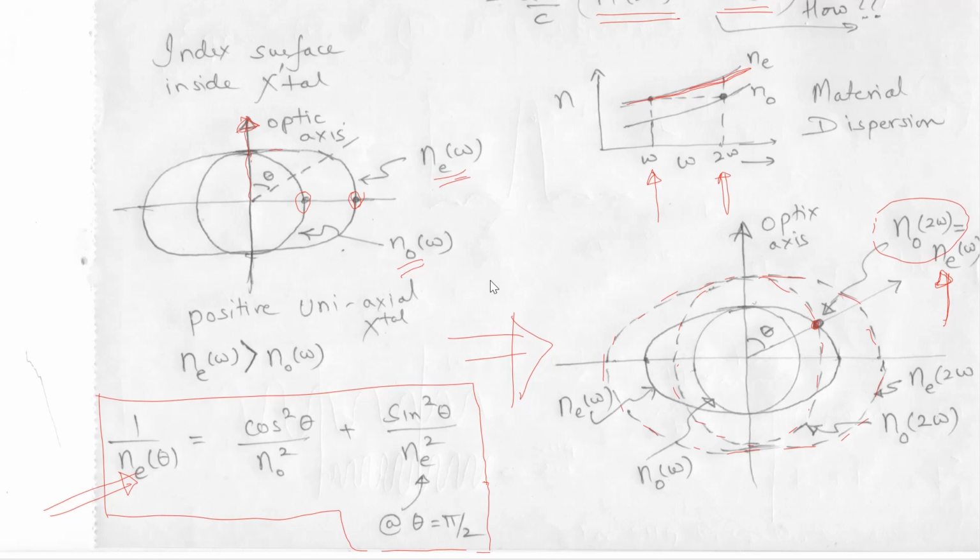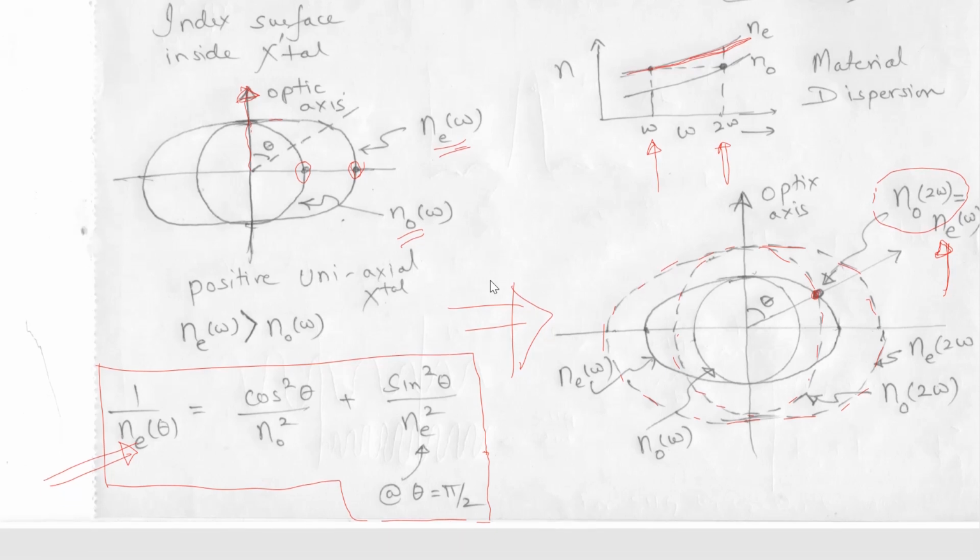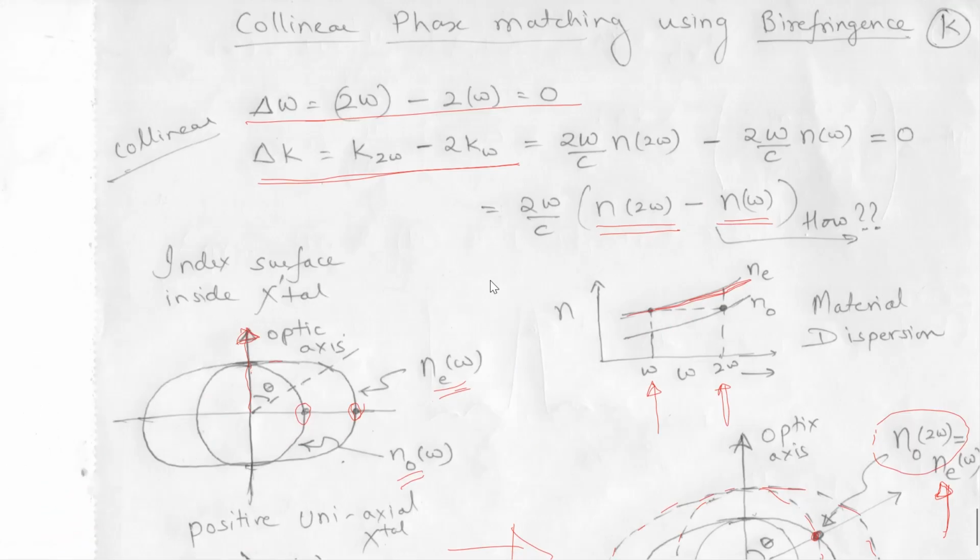And indeed, this is going to happen only along the direction along which the index surface corresponding to the extraordinary ray intersects with the index surface corresponding to the ordinary ray at 2 omega. Alright, so this is how one does phase matching.